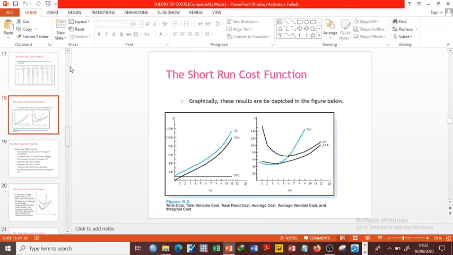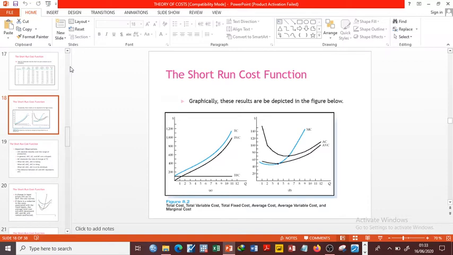Now, when you look at this particular curve where we have the marginal cost curve, the blue curve that is cutting upwards through the average cost and average variable cost curves. When we say that when marginal cost is less than average cost, then average cost will be falling.